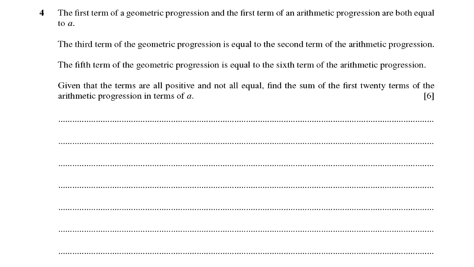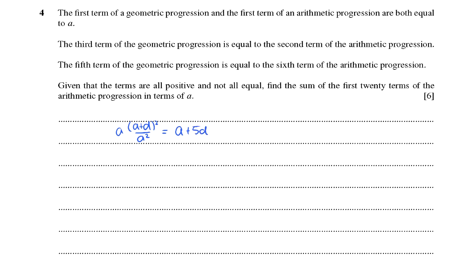So if we substitute the R to the 4 into our other equation, we're going to get A multiplied by A plus D squared divided by A squared, and that's going to equal A plus 5D.